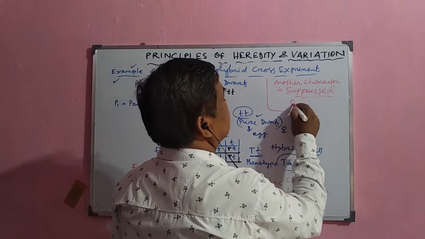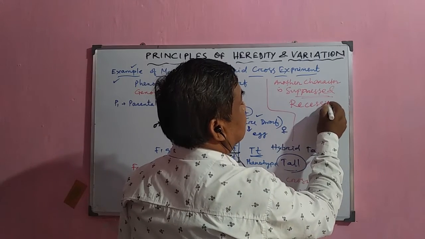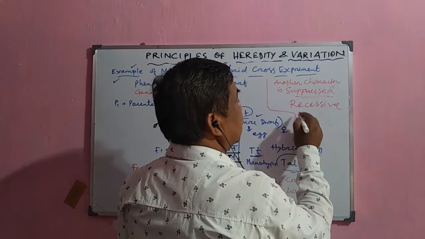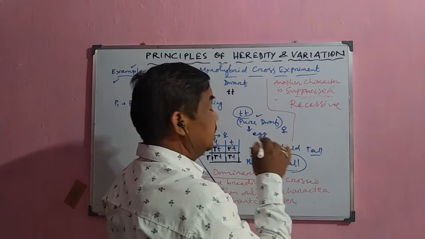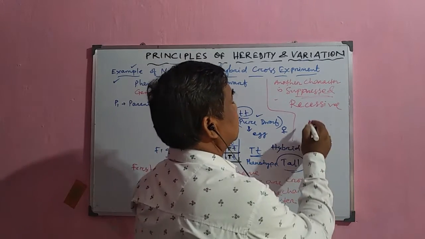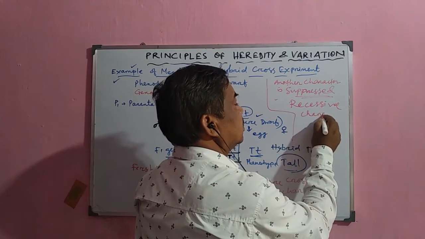This is called a recessive character. So that is why he found this character hidden in the F1 generation, and that is the recessive character.